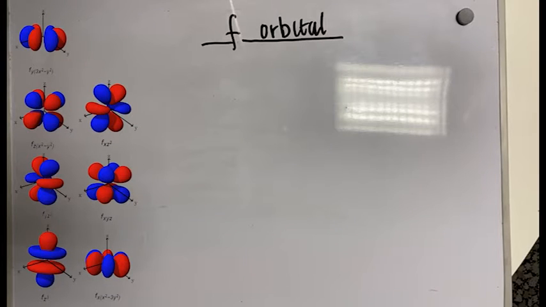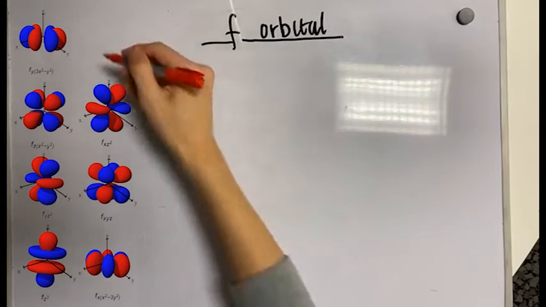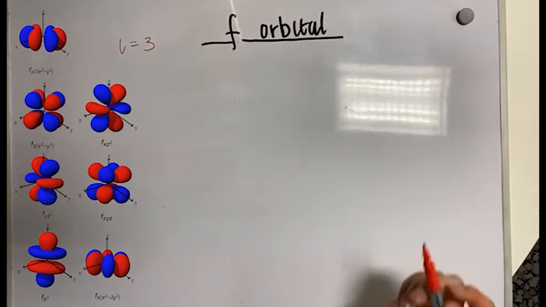So now we can move on to f orbitals. With f orbitals, there are a total of 7 ML numbers that you can use to correspond to the electron. With an f orbital, the orbital angular momentum quantum number, L, is equivalent to 3.